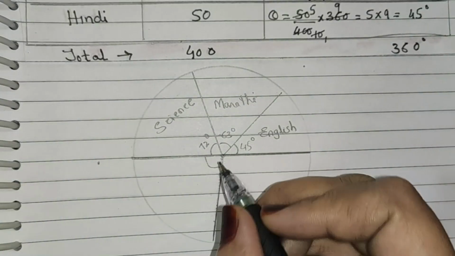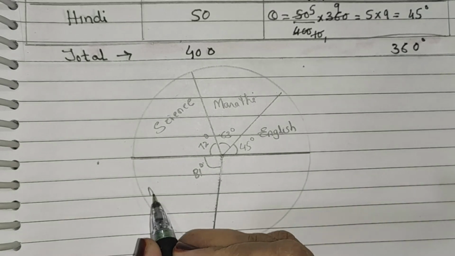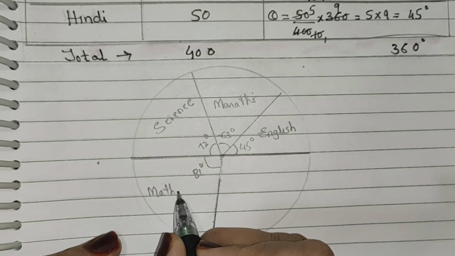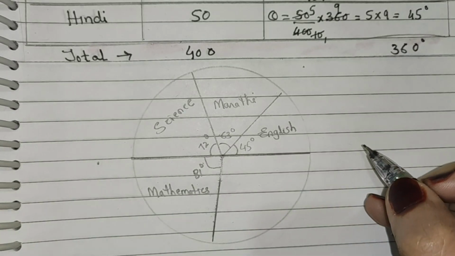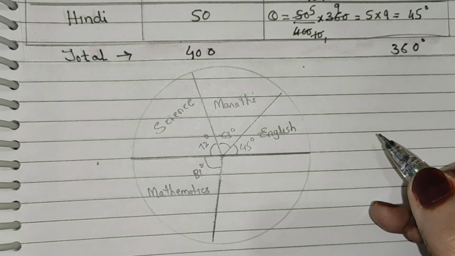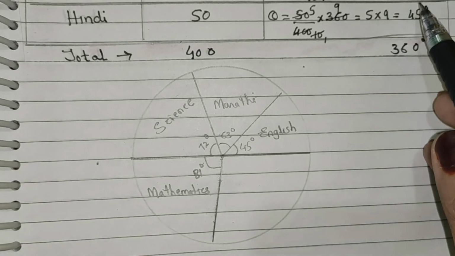Now it is of angle 81 degree and for mathematics. Write down the name here mathematics. Now the next one is social science and the central angle is 54.